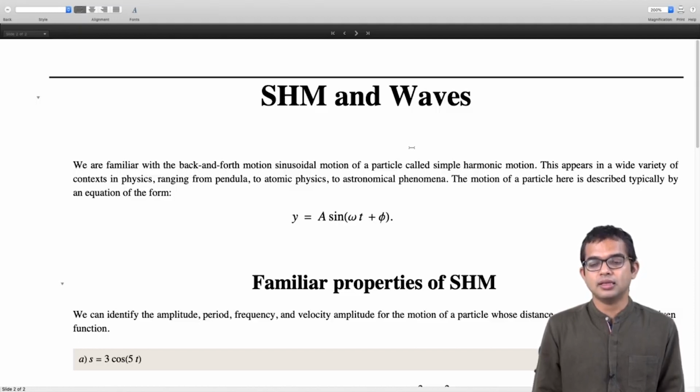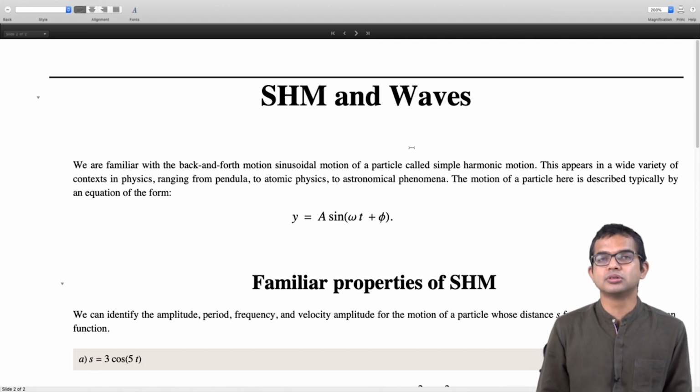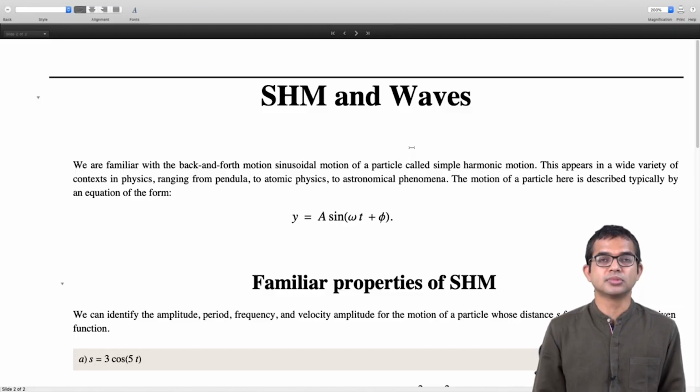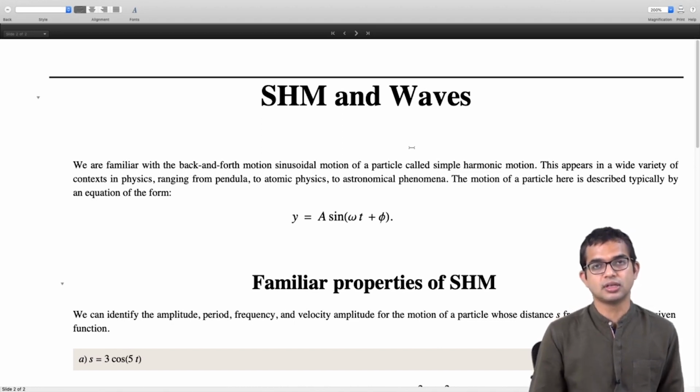The reason simple harmonic motion is particularly important is because all functions with a local minimum, the simplest kind of minimum, will involve a quadratic type of function. Therefore simple harmonic motion is very important to study because this is as simple as it gets.